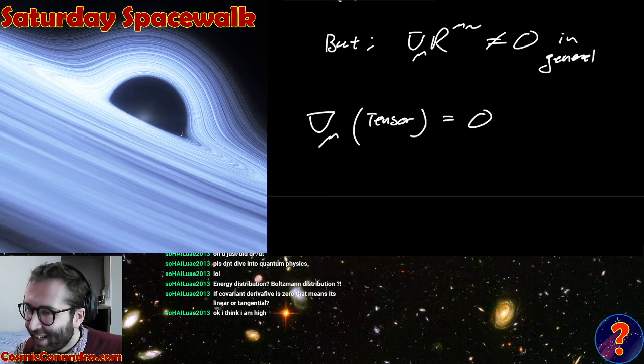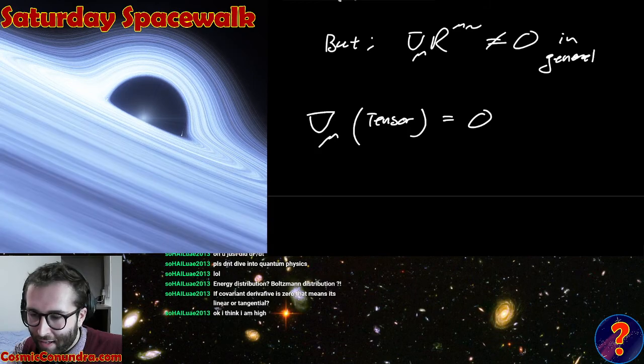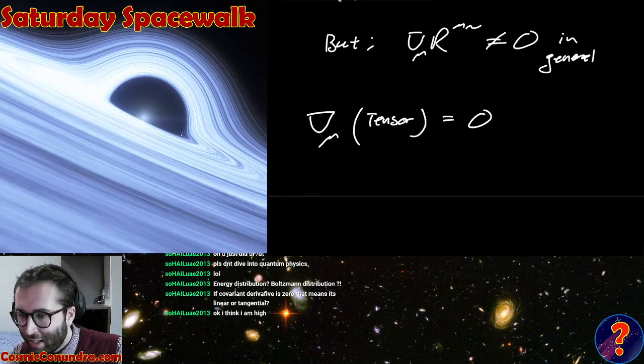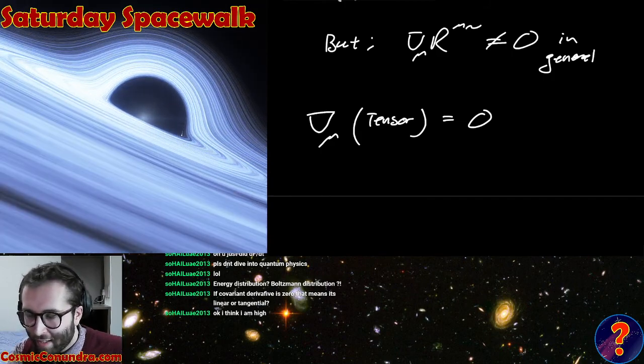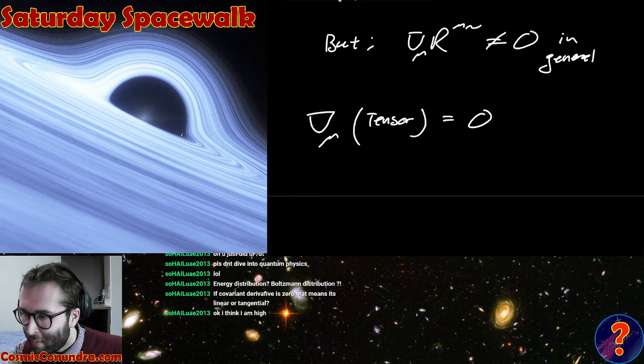So if the covariant derivative of a vector doesn't change, it means that once you've parallel transported it back to the other point in the space, it's not changed. But they may well look different when they're at these different space-time points.